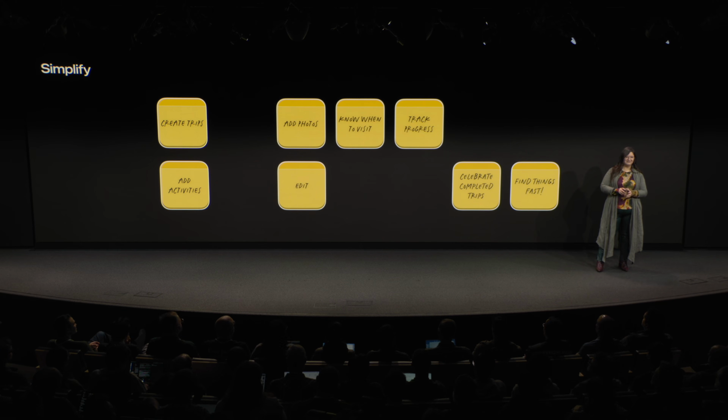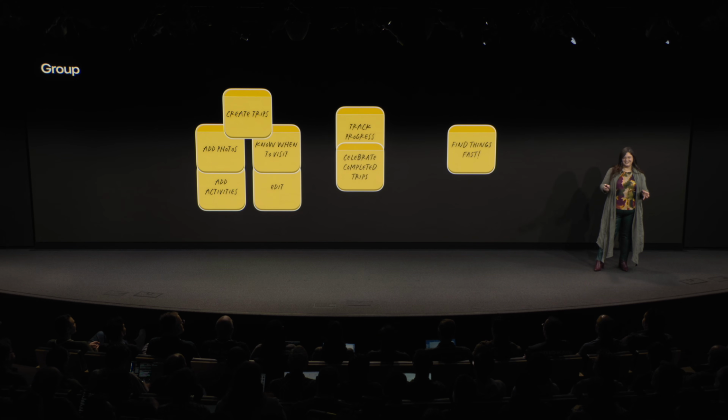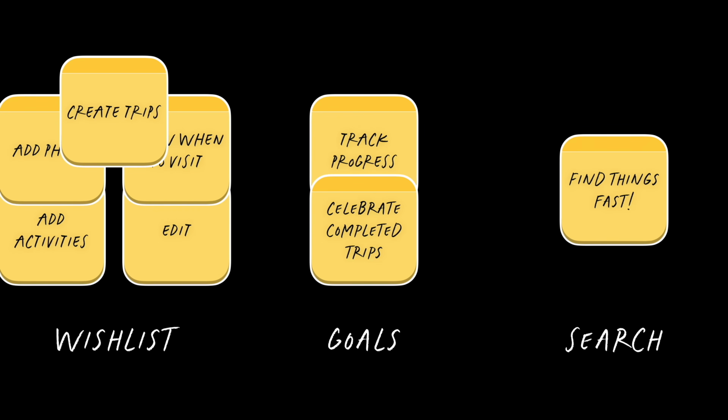And then I stepped back and grouped related ideas together, like trips and activities, and progress and celebrate completed trips. These groups represent the top 3 sections of the app. So I named them wishlist, goals, and search.